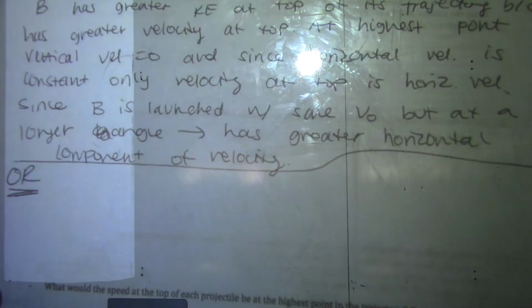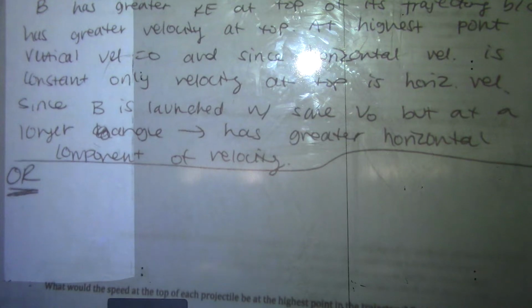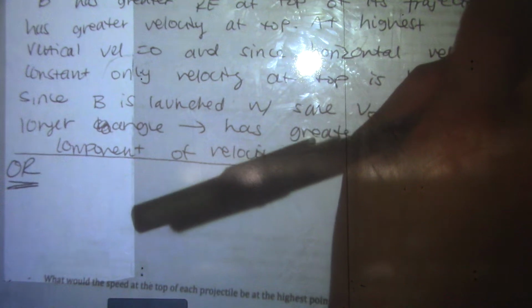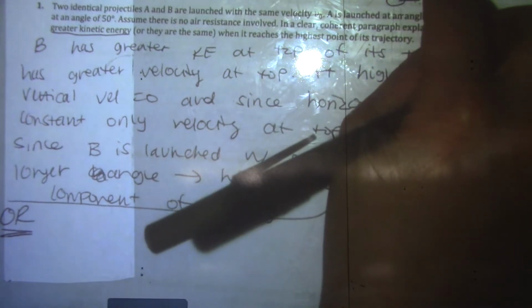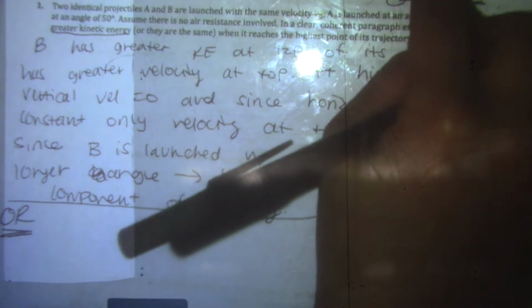The other way you can answer this is using energy. They're both starting with the same kinetic energy, right? They're starting with 1/2 m v naught squared. But because A is shot at a higher angle, it's going to reach a greater height. Because it goes to a greater height, it'll have more potential energy at its top and therefore less kinetic energy.